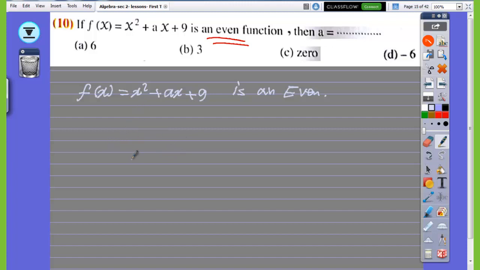This is the given. Okay, what is the value of a which makes this function even?